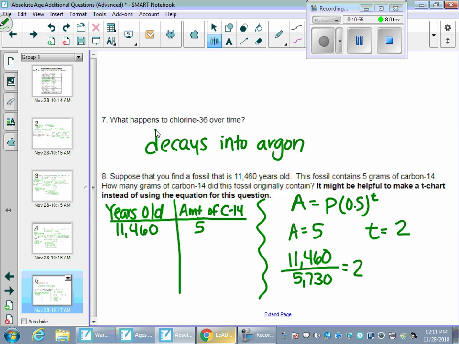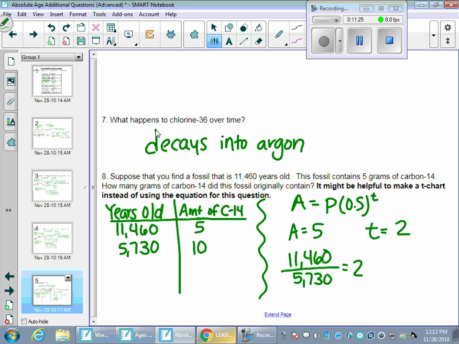If I go back a half-life, I subtract 5,730 from 11,460 and I get 5,730. That's one half-life. In one half-life, I would lose half of what I had, so to go backwards, I would need to double what was there.